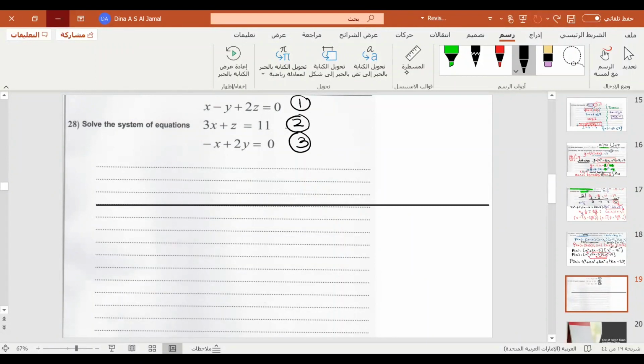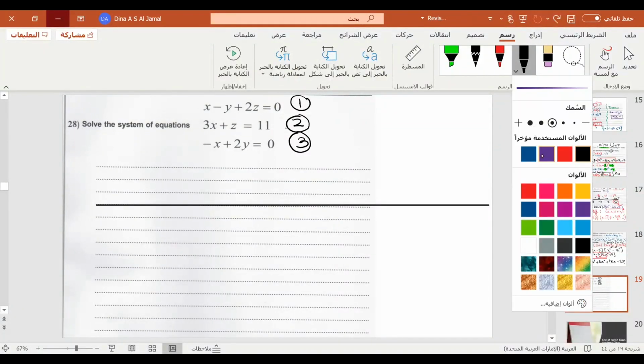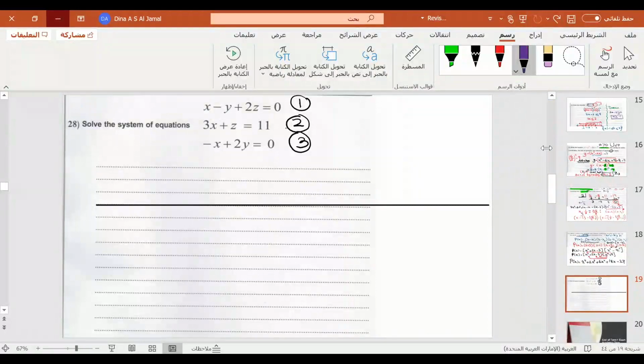And you know previously that whenever you are having 3 equations, that means you must take each 2 of them and solve them together. Then you will get a new equation for each pair and you must solve them together. But in this question, you can use Cramer's rule, or you can use the matrix equation. So there are many ways to solve this system.